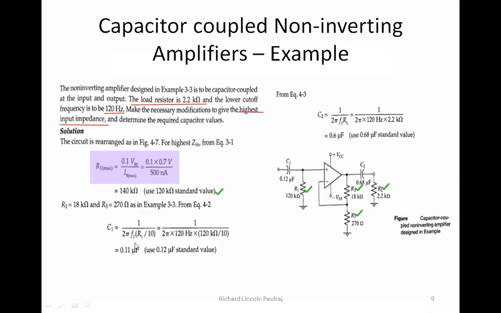So we will use the formula now. C1 is equal to 1 by 2 pi f R1 by 10. So calculate and tell me if you're getting about 0.11 microfarads.